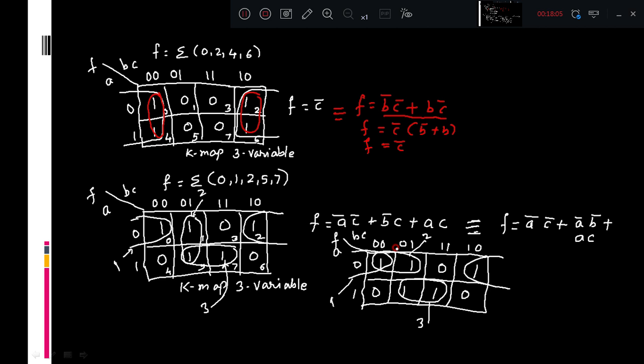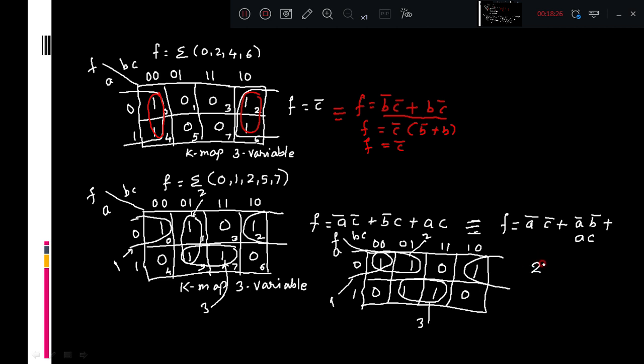So there are many possibilities in which you can group. As far as possible, make sure that you first check for 8 cells, then 4 cells, and if 4 is also not possible, then go for 2 cell grouping. If not, then single cell grouping. You have to follow this order.